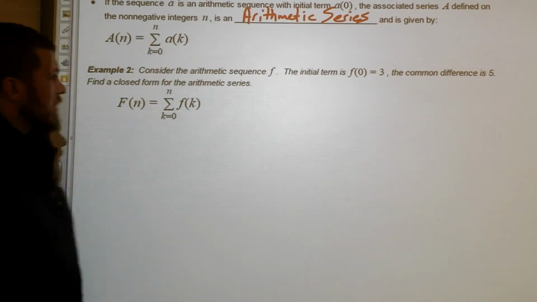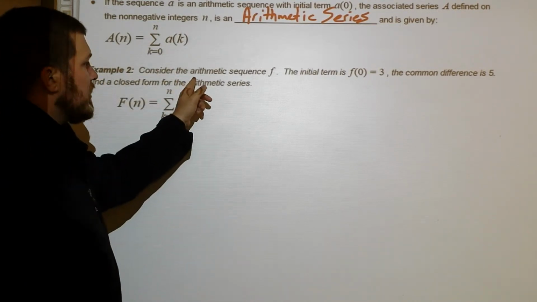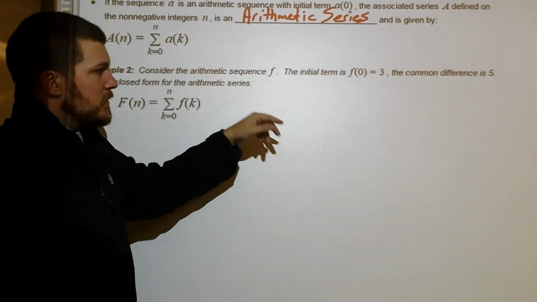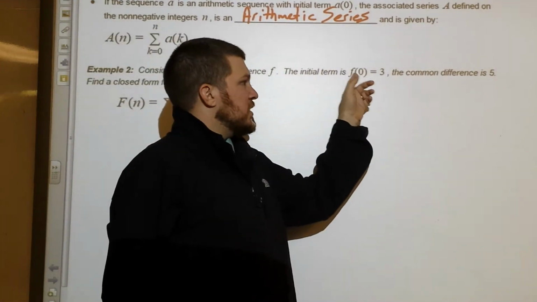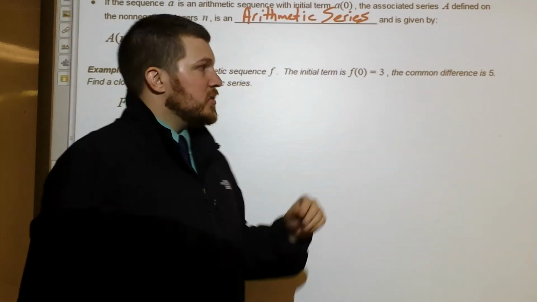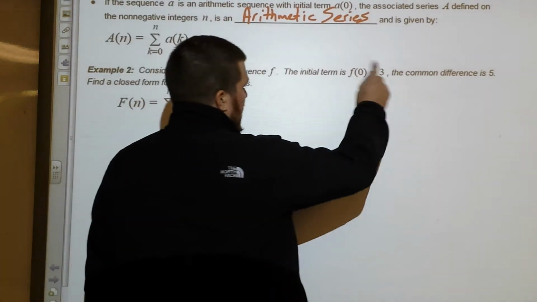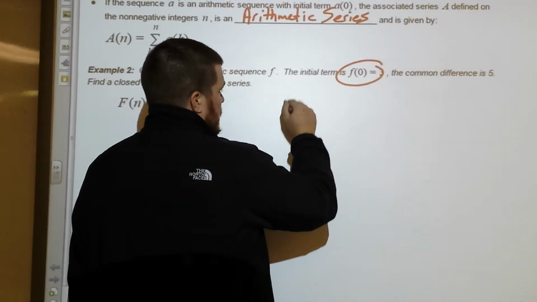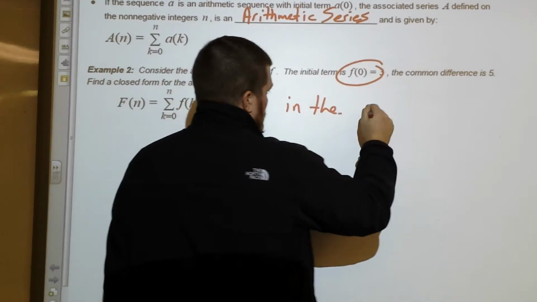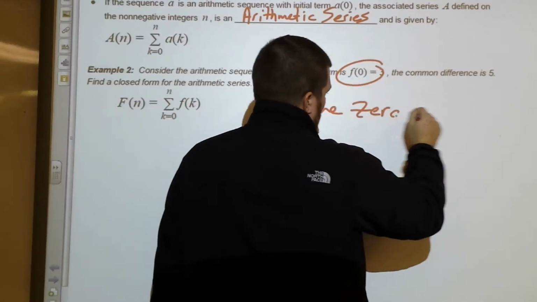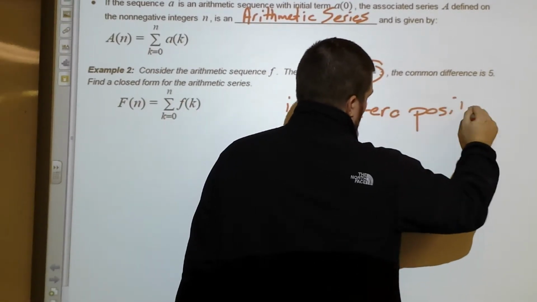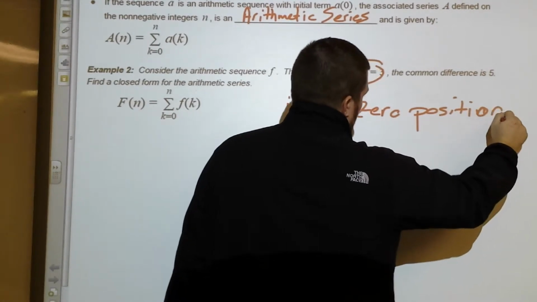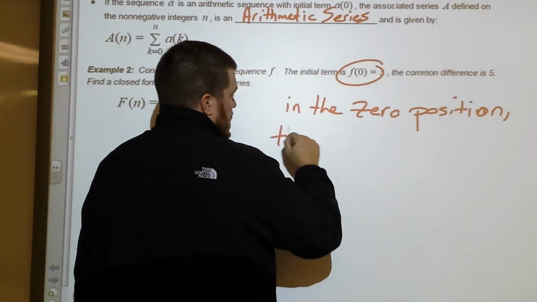All right, so in this example, what we want to do is consider the arithmetic sequence f. The initial term is f of 0 equals 3. So what this means is that in the 0 position, the value is 3.